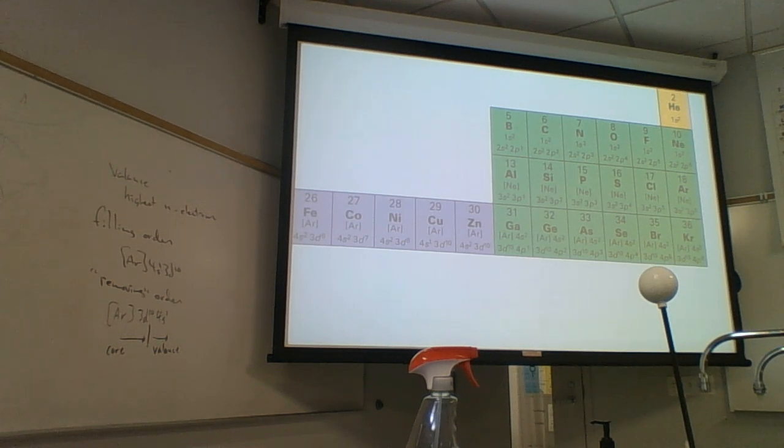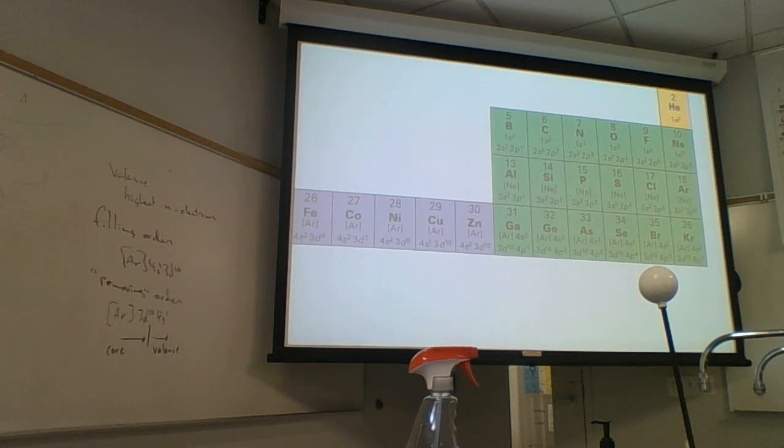The highest n are the valence electrons. So the highest n is 4. When I look at n equals 4, how many electrons are there? 3 electrons. And the rest are going to be core. So we have 3 valence electrons, the rest are core. The core will be our standard argon core plus the 3d10 subshell.